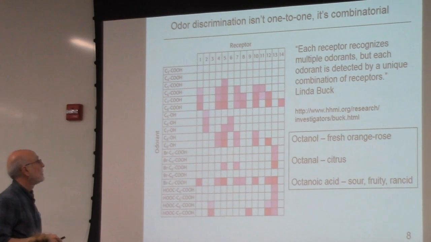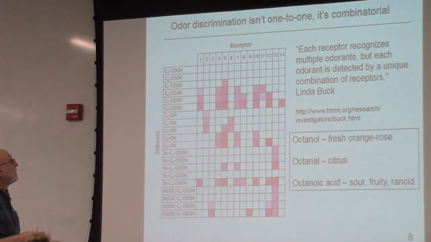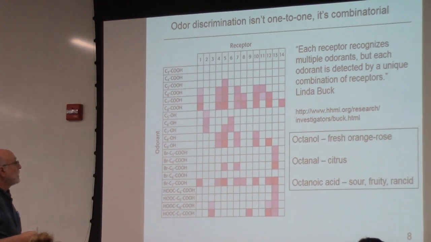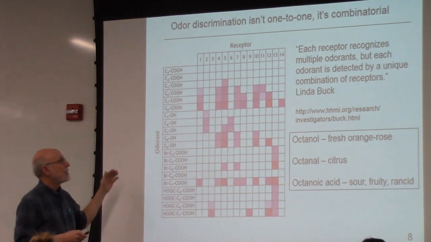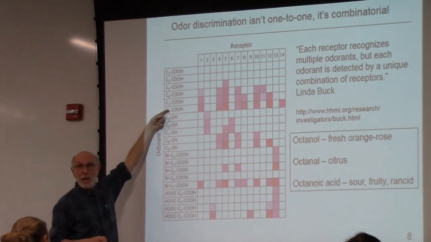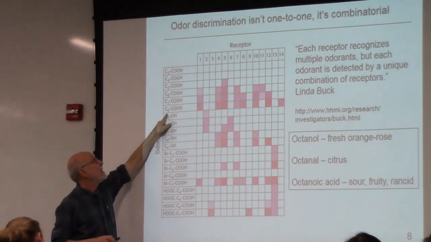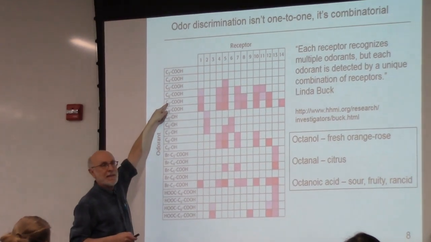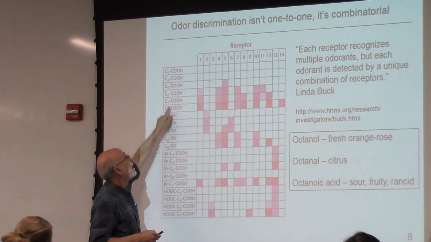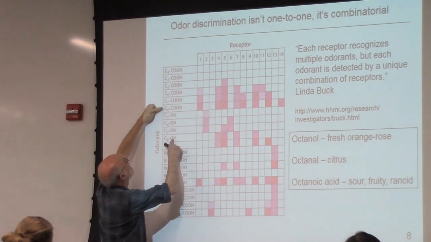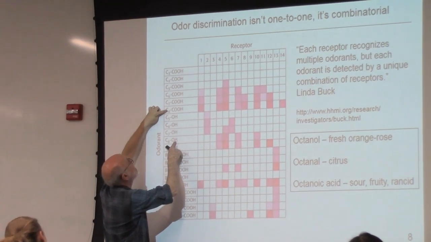Octanal, which one's octanal? I'm not sure octanal is on here. Octanoic acid, carboxyl acid, C8COOH. Actually, this is octanoic acid, right? It activates a slightly different, let's just look at C8OH and C8COOH.